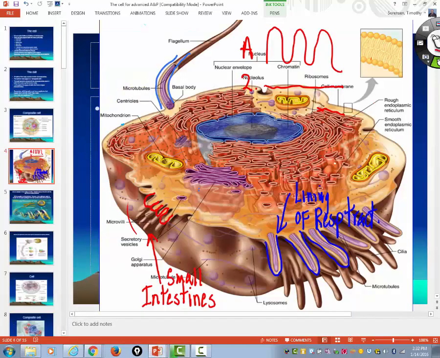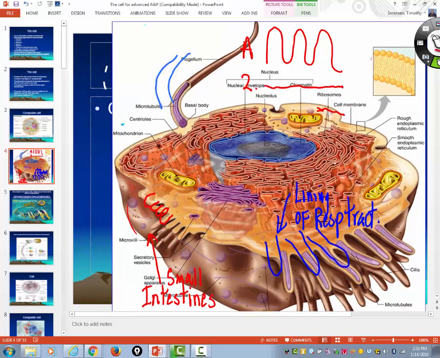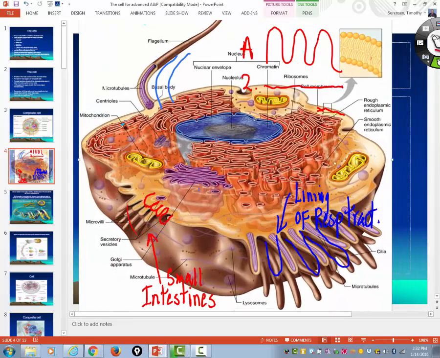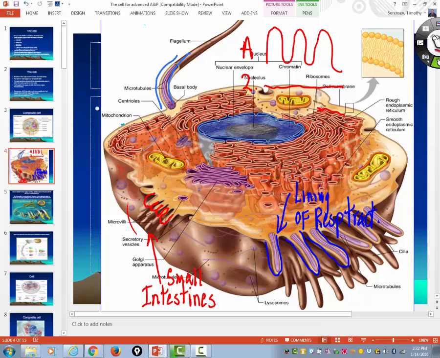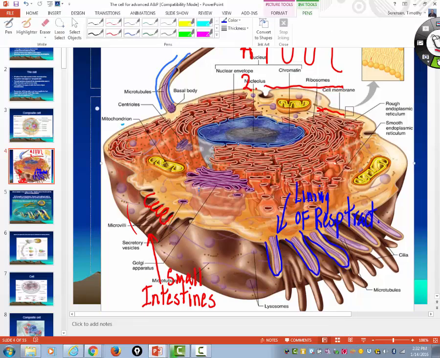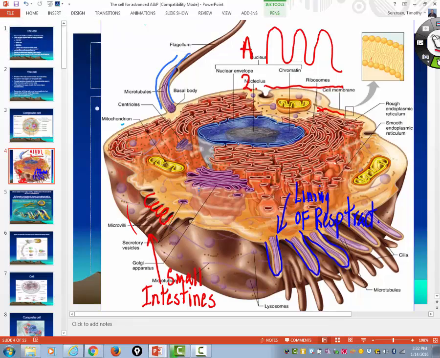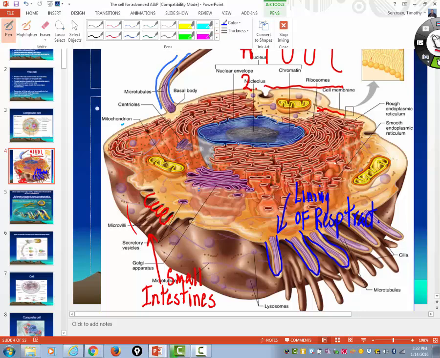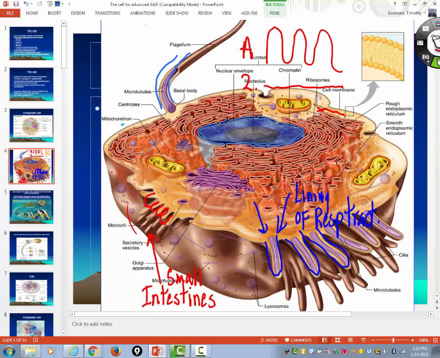All right. Now, you also have some structural proteins in the cells themselves. The structural proteins that help determine the cell shape and therefore kind of its function, and how they're arranged determines their shape, are these guys called microtubules.